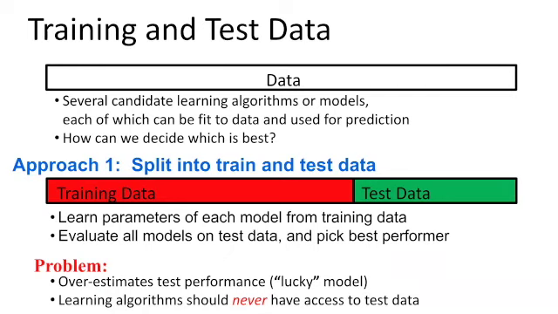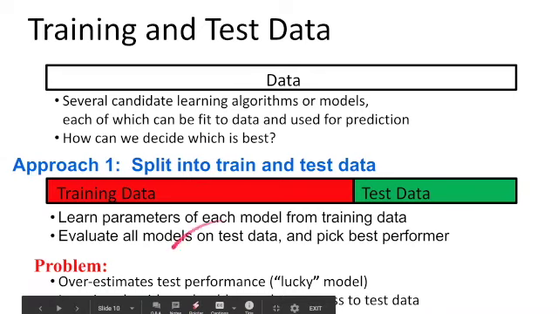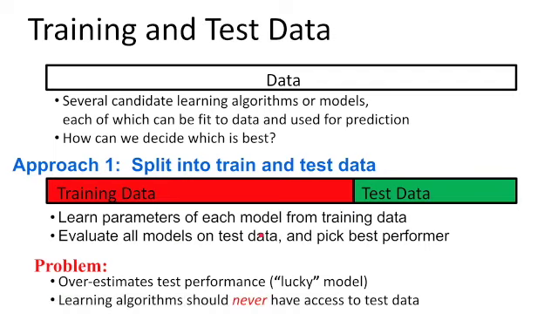The entire procedure, including training your models, comparing different models, and picking the best one, should be agnostic to what test data you have. Under that guidance, this type of approach is not valid, because there is a potential bias introduced.